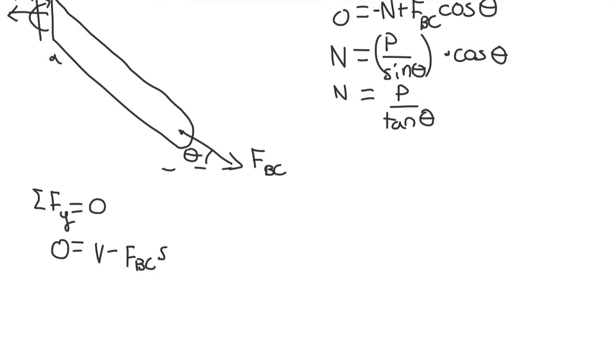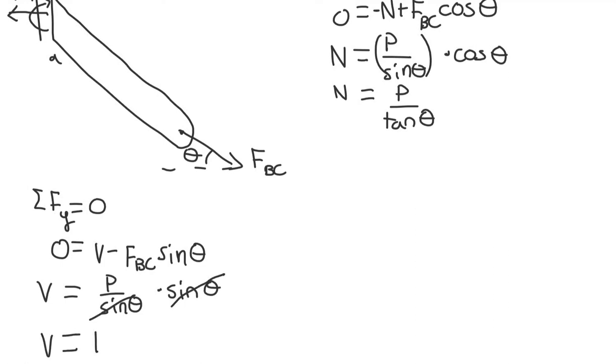Sorry, we will just write that as FBC sine theta. Shear is equal to P over sine theta times sine theta, which cancels out and just leaves us with V equal to P.